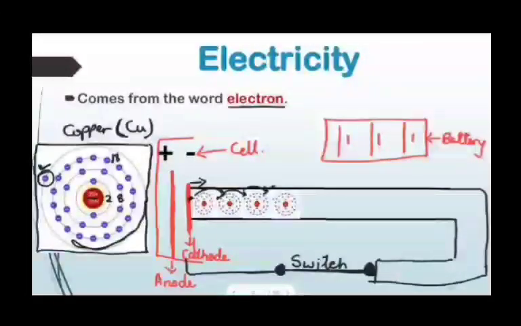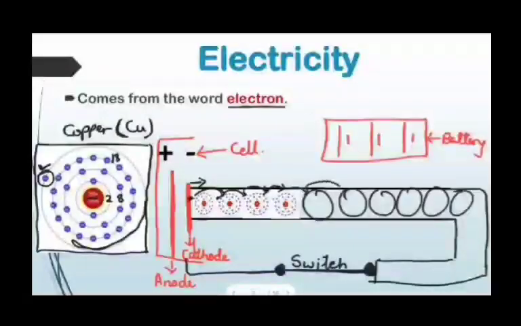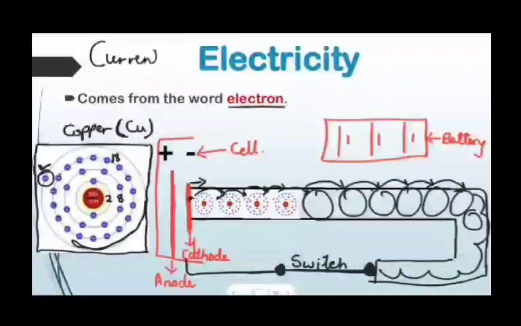They are basically repelling each other, and that's how the jump takes place throughout the circuit. This jumping or flowing of electrons is nothing but electricity flow, or in terms, current electricity or dynamic electricity.